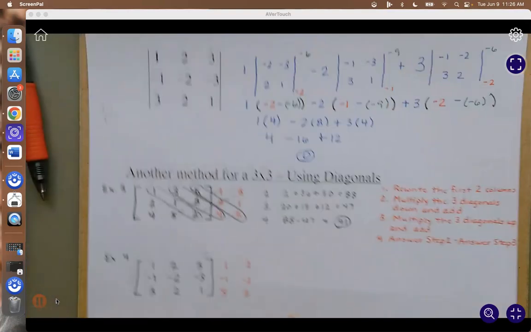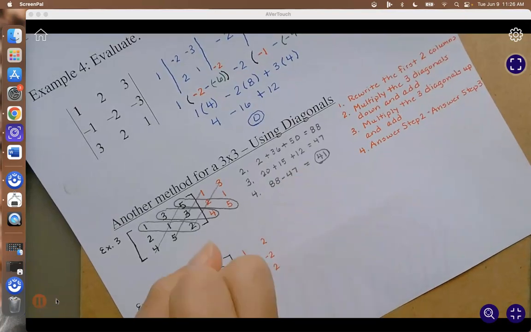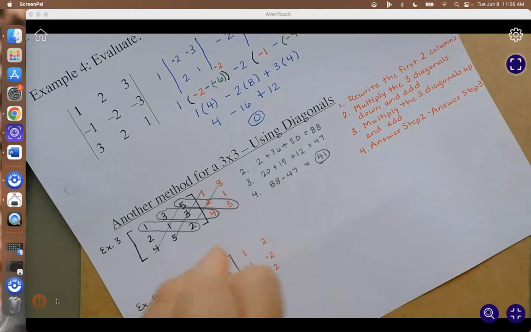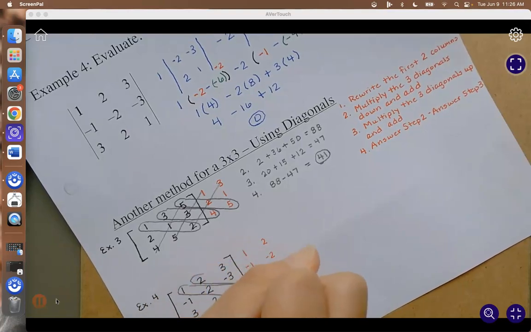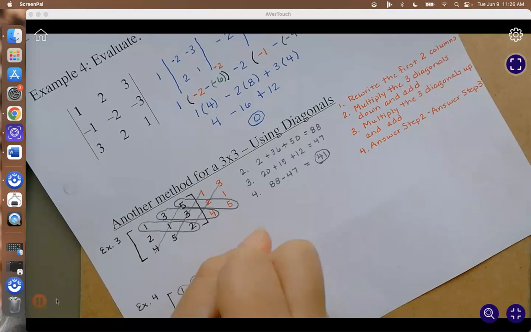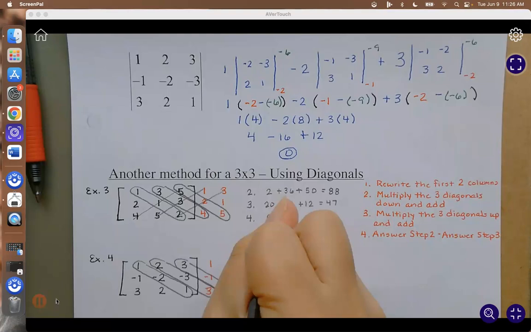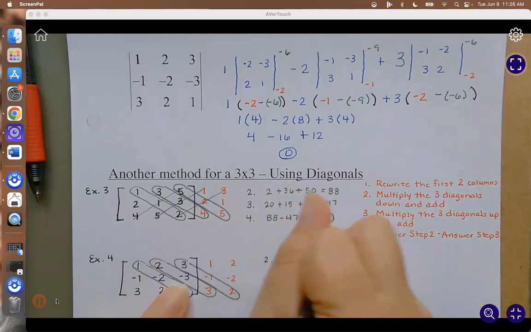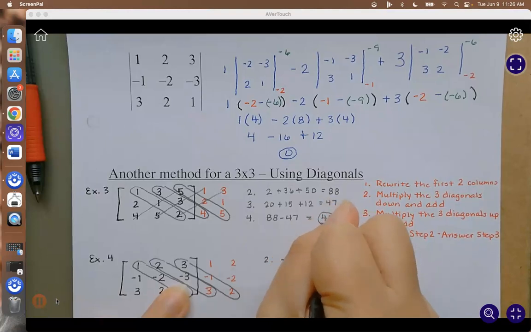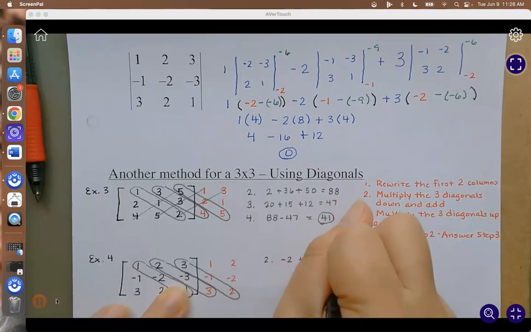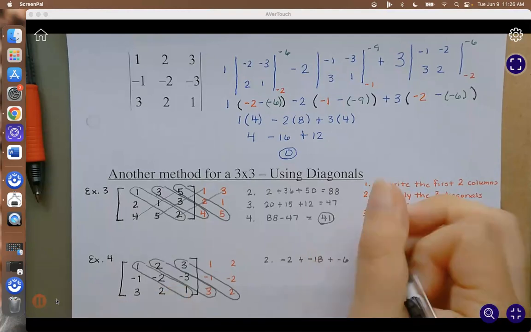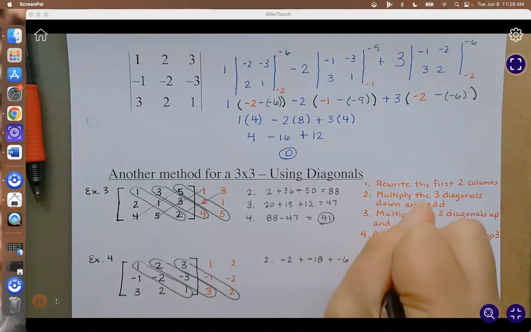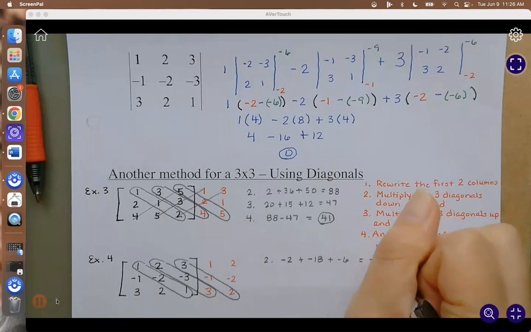Now, we're going to do the ones going down first. We have that one, and that one. So step 2, this is going to multiply to be -2. This is -18 and -6. That gives me -26.